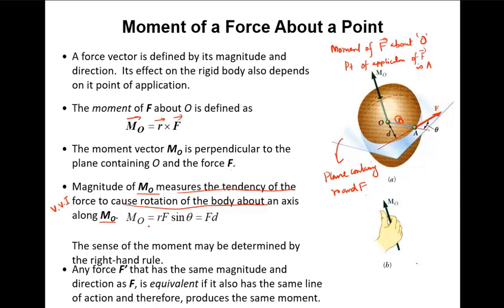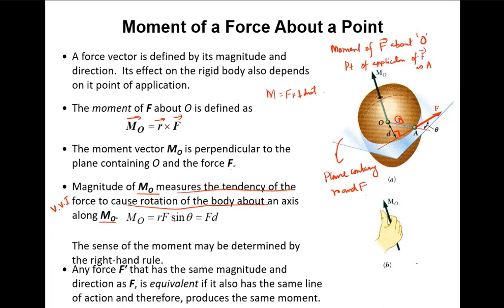So basically MO is equal to R F sine theta, which is nothing but F into D. D is the perpendicular distance of the force from point O. We already know moment about a point is equal to force into perpendicular distance.